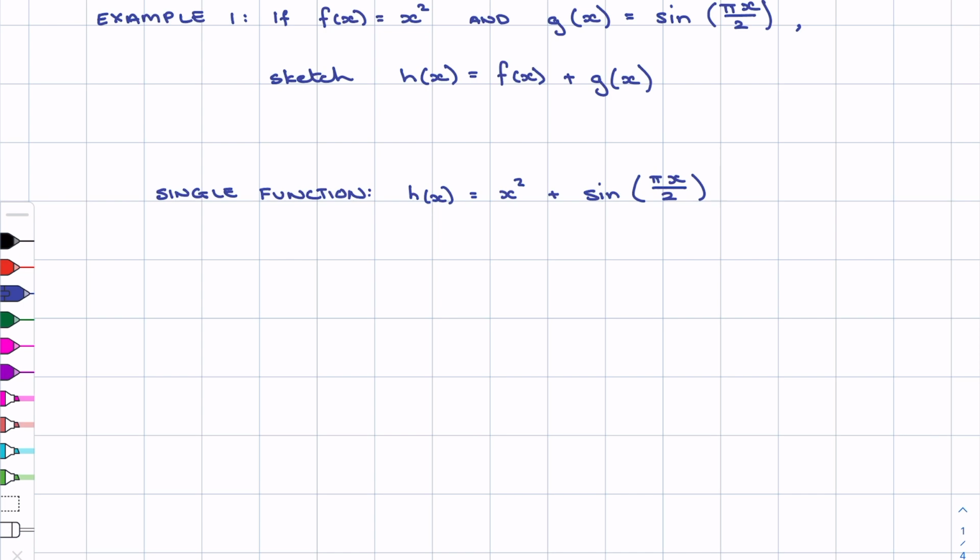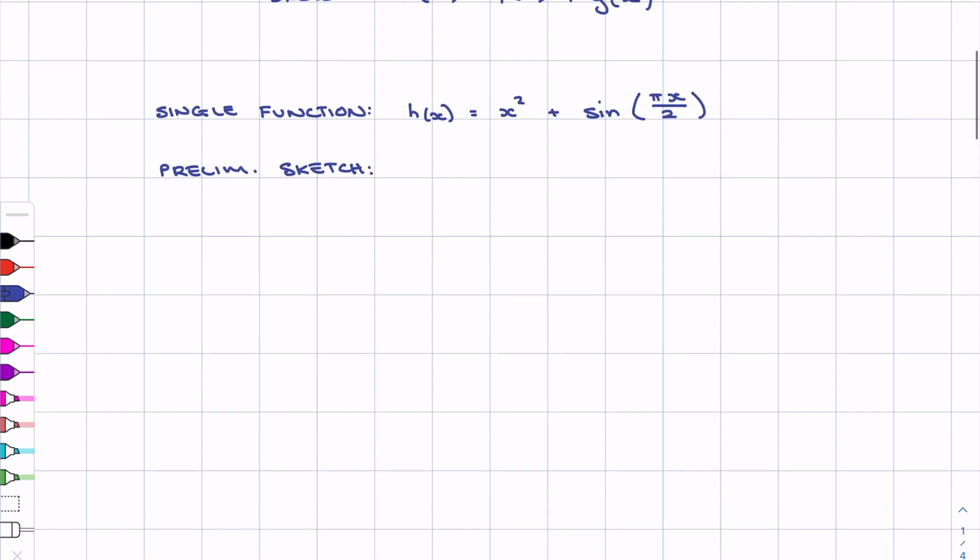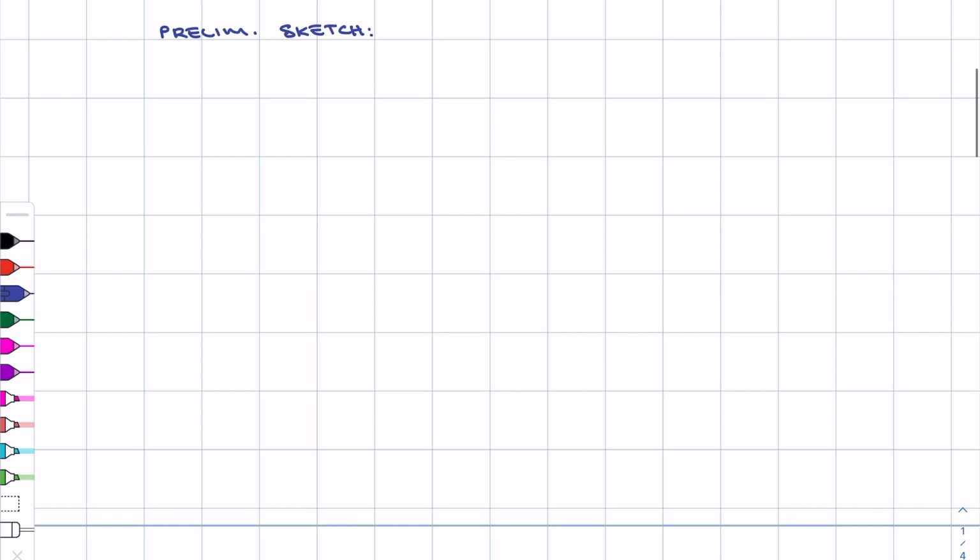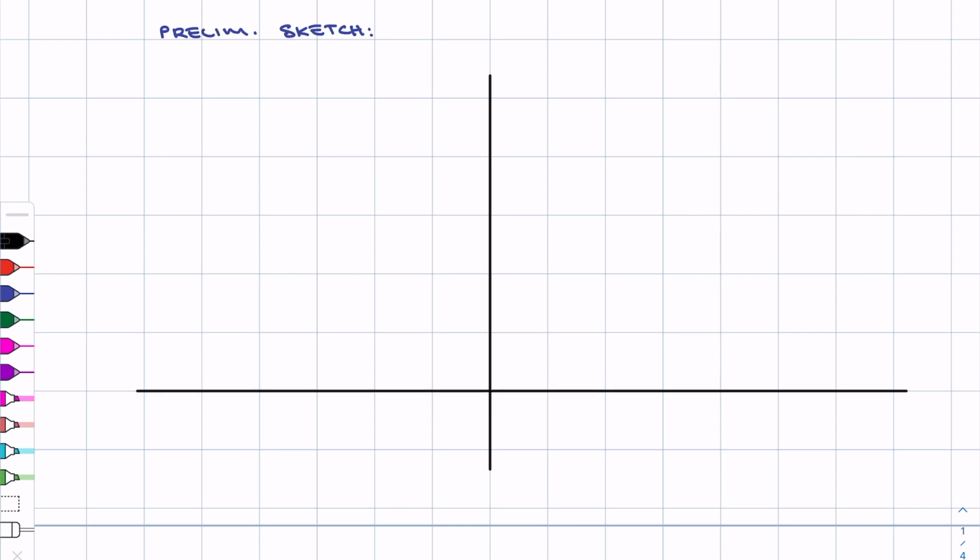Then we're going to move to a preliminary sketch. With our preliminary sketch, we're going to sketch f(x) and g(x) separately. So I'm just going to put my axes together. There's my y-axis, my x-axis.